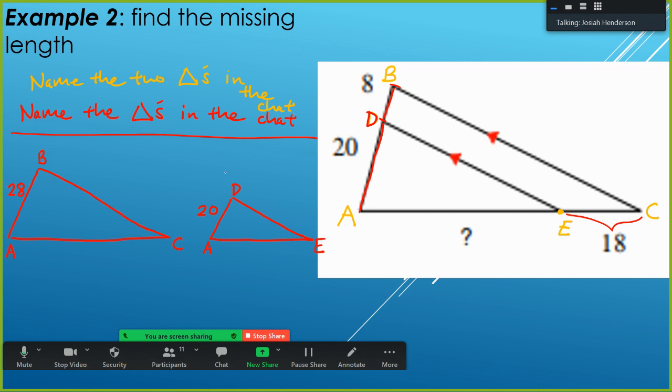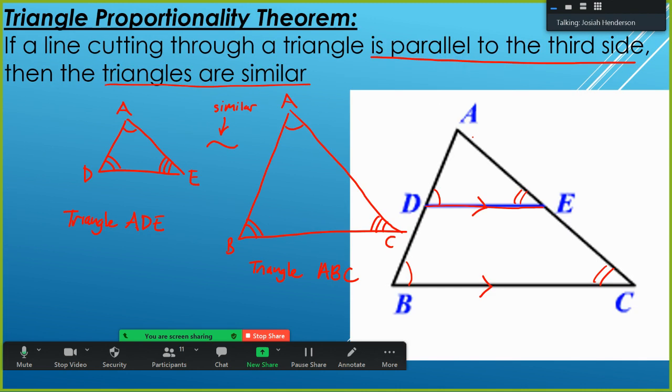Now, because the two triangles are similar, why are they similar? The line cutting through DE has this little arrow, and so does BC. That's a symbol telling us they're parallel. These two lines are parallel to each other. So that means the rule from this page, the triangle proportionality theorem, comes into play.